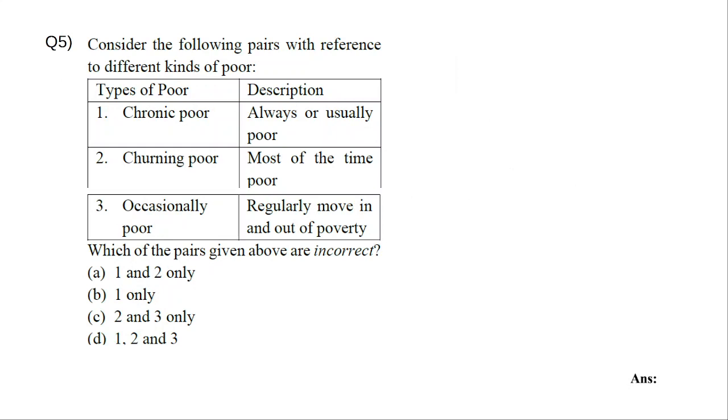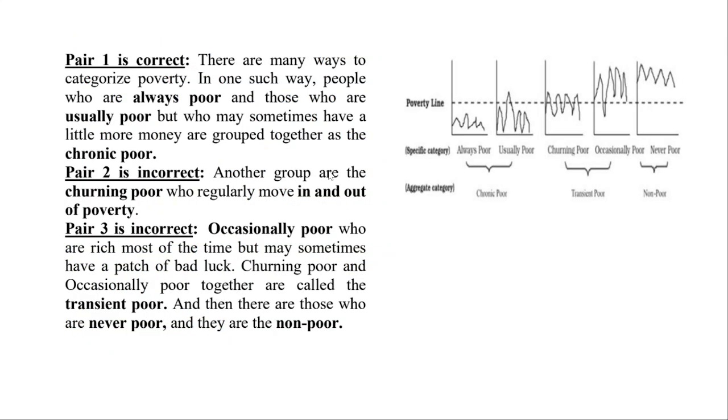That is called churning poor: sometimes you are poor, and again not poor, and again you are. Occasionally poor are those who are rich most of the time but may sometimes have a patch of bad luck. Churning poor and occasionally poor together are called transient poor.